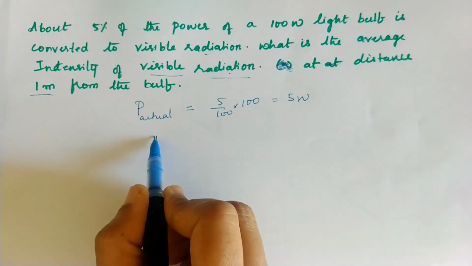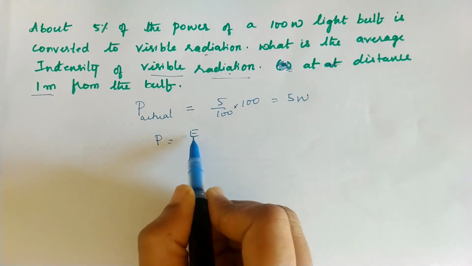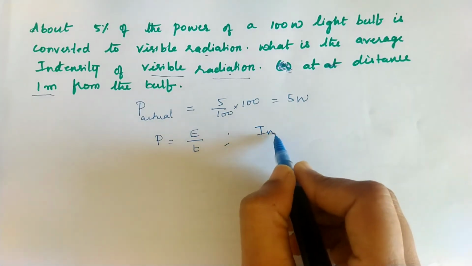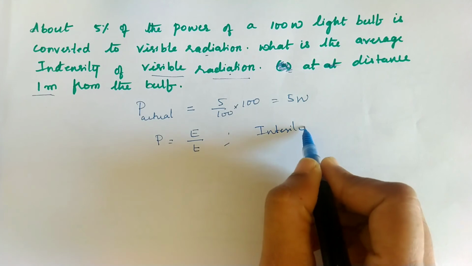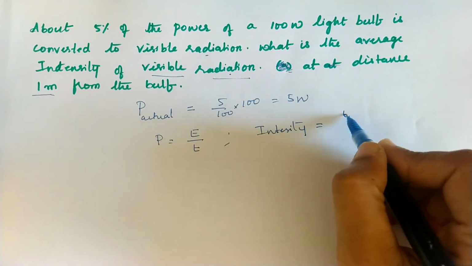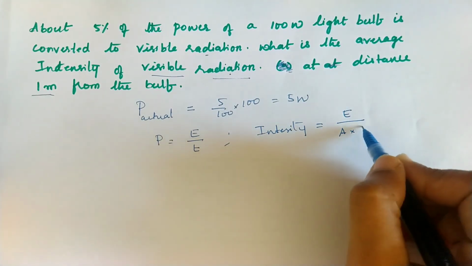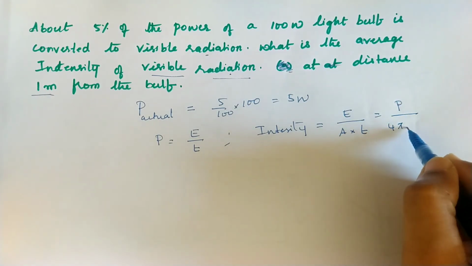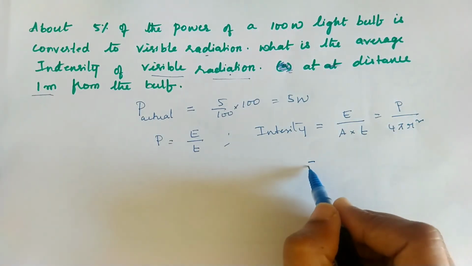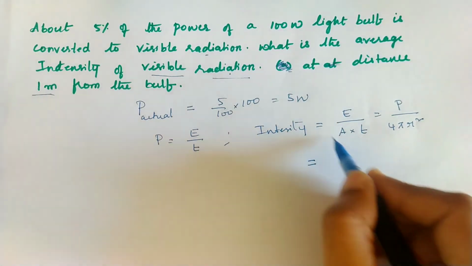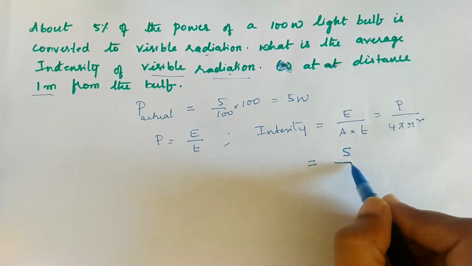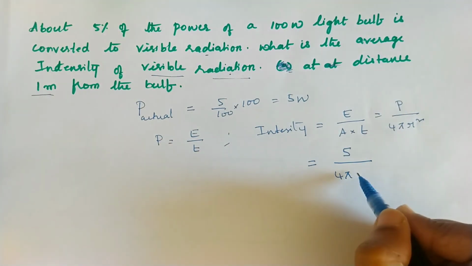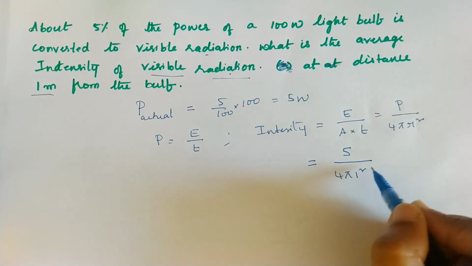And we know power is energy per time, but we need intensity. How to define intensity? Energy per unit area per unit time. That's nothing but P by area, that is 4 pi r square. So intensity should be, power is 5 watt because this is the actual power converted into radiation, by 4 pi into radius 1 meter, so 1 square.